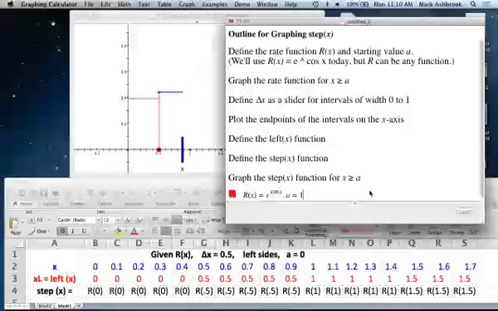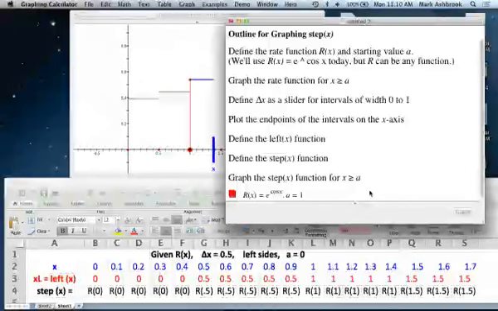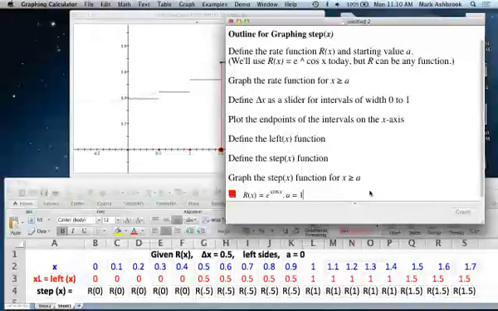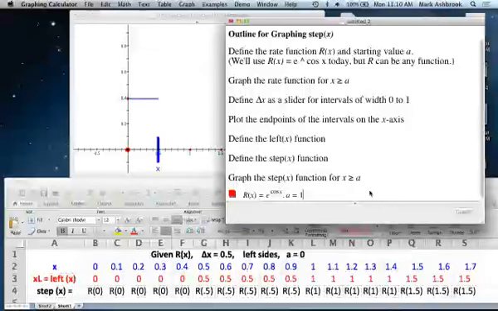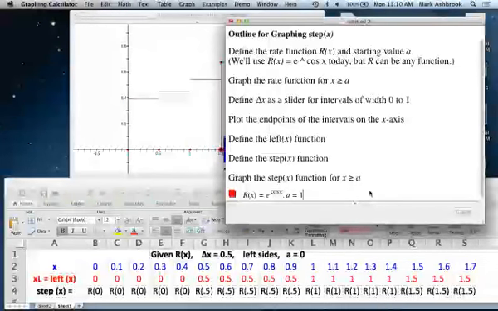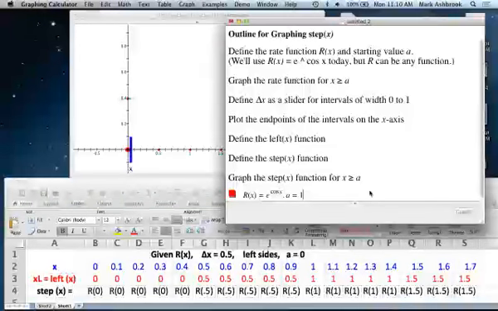You have to define a variable before you can do it. Order doesn't matter. So you want to start this, this is the graph. You want to show it for x greater than a.